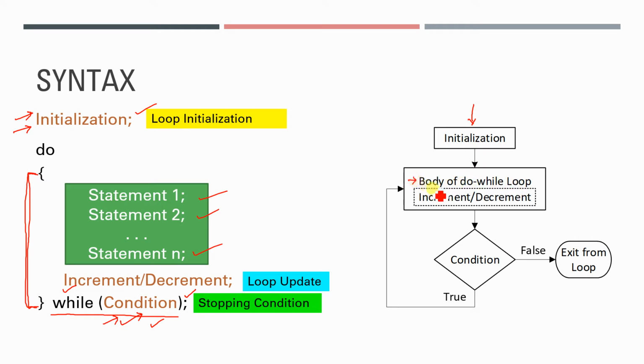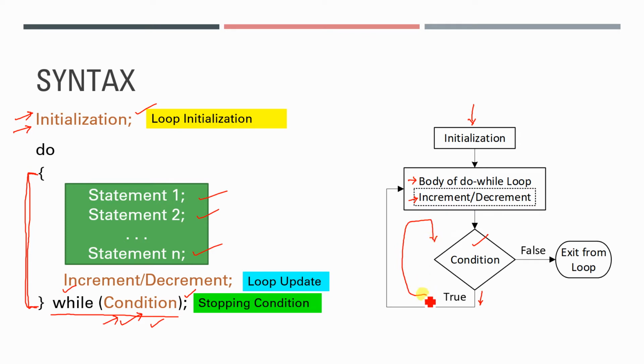As I have already told you, the body of the do while loop contains some statements that get executed, and the body also contains an increment and decrement part which acts as the loop update part that will be executed. After that the condition gets checked. If the condition becomes true, then we will follow a loop path.